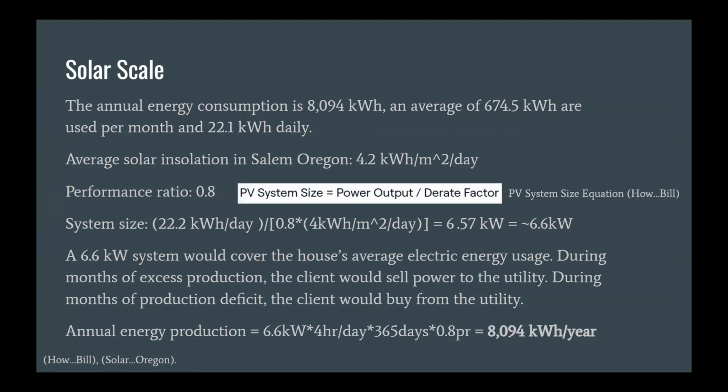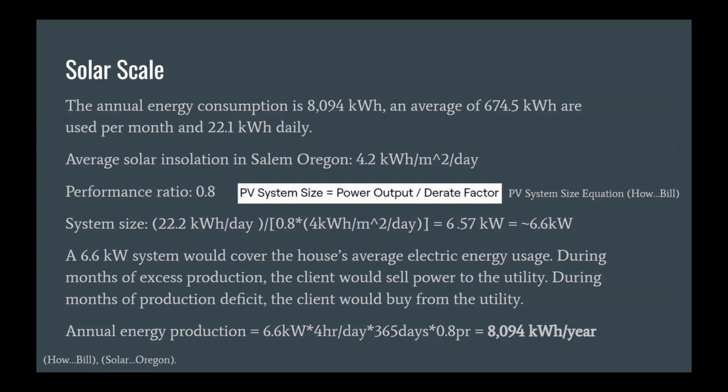Now, with this, we decided to look at our solar scale. The annual energy consumption given has an average of 674.5 kilowatt hours per month and 22.1 kilowatt hours per day. The average solar radiation that's seen in Salem, Oregon is 4.2 kilowatt hours per meter squared a day. We have a standard performance ratio of 0.8.